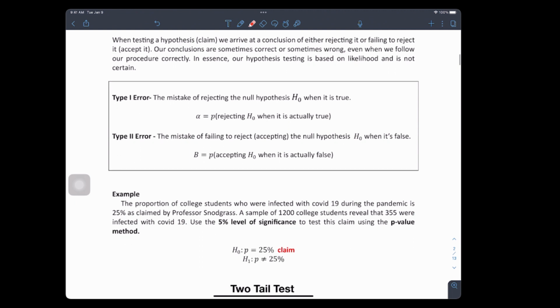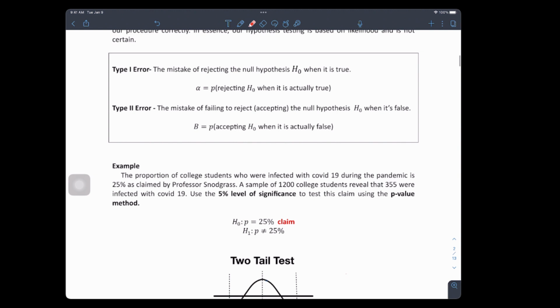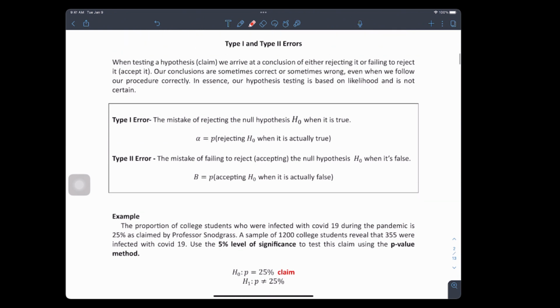So we have something defined as a type 1 error. That's the mistake of rejecting the null hypothesis when it is actually true. A type 2 error is the mistake of failing to reject, accepting the null when it's actually false, and that's beta. But you might take other courses and they'll talk about alpha and beta in more detail.